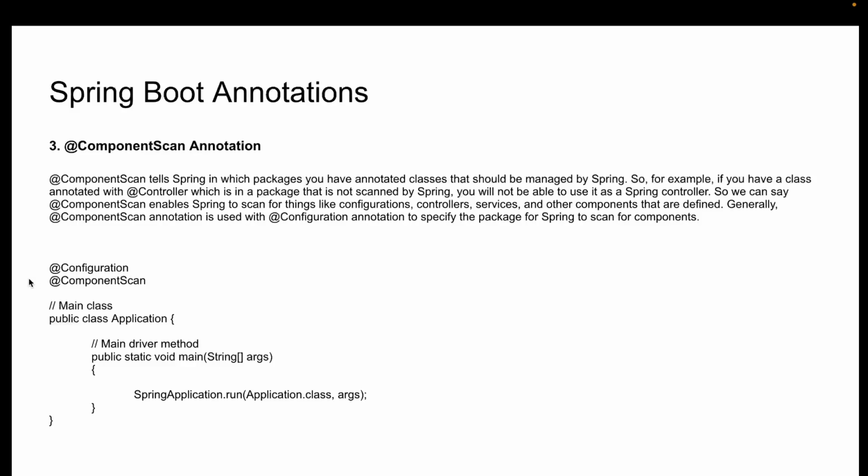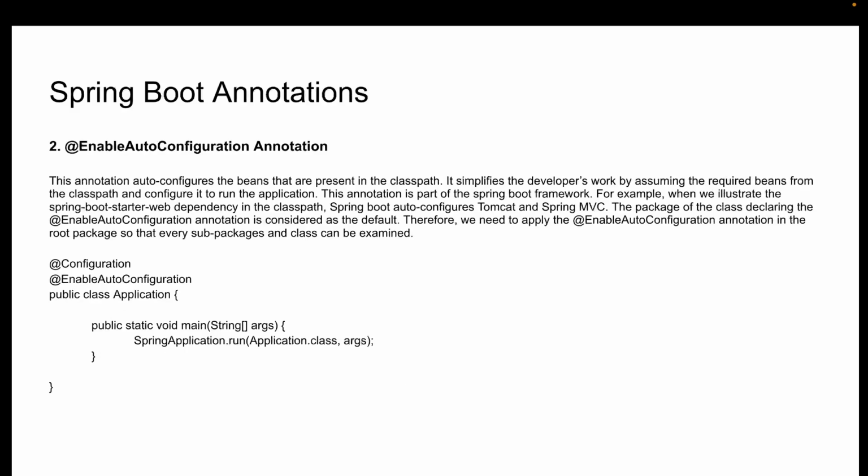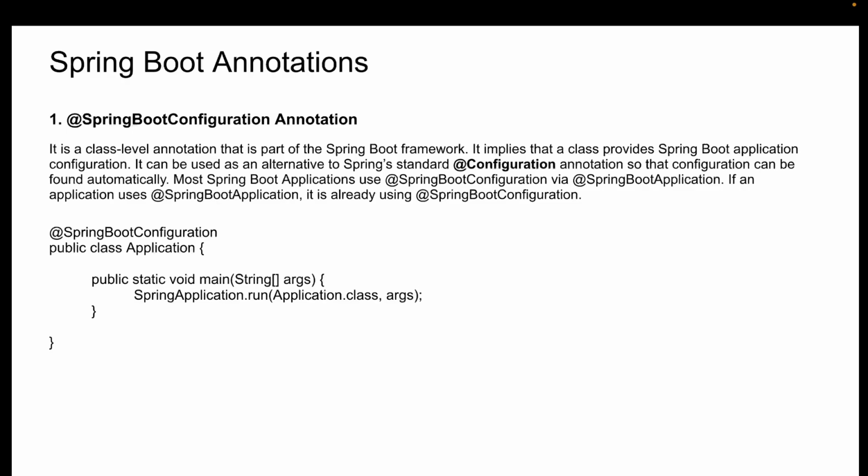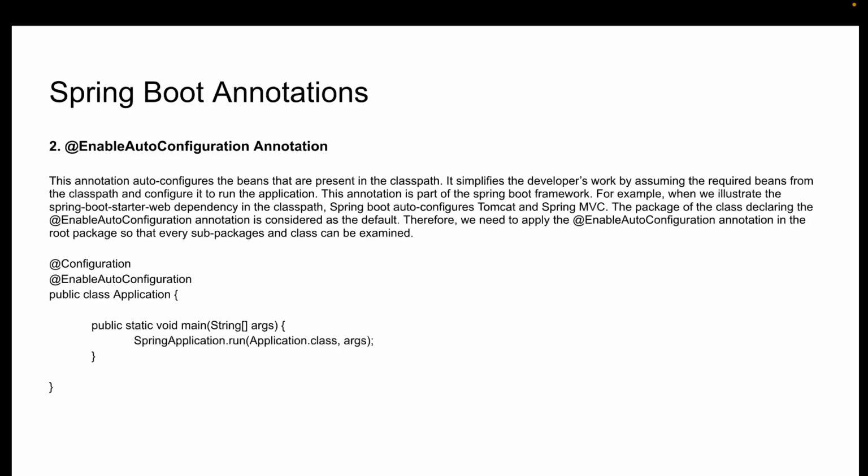Now when we look at the next slide, your things will be simplified. As of now we have seen these three annotations: @SpringBootConfiguration, which was basically to manage the beans configuration, and @EnableAutoConfiguration. The enable auto configuration was basically adding the Tomcat server and Spring MVC features. It was also helping you provide configurations to your Spring Boot framework.